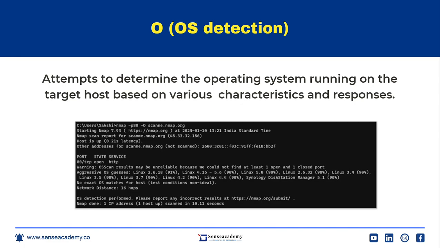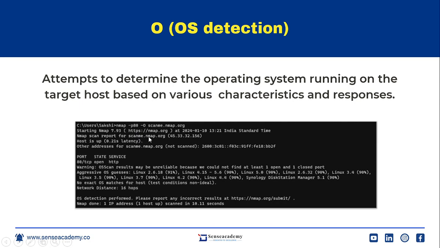Okay, next, how are you going to detect the OS? As we have talked, we can use an aggressive scan for all the scanning. Okay, but only for OS detection, you can be specific by applying the flag that is capital O. Also, you can see in this example that we are getting the target OS running by applying the flag -O.